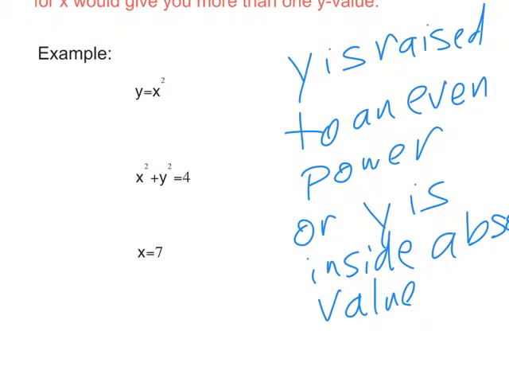In the first one, I've got y is equal to x squared, so that one's already solved for y. So what we're thinking about here is if I plugged a single value in for x, is there any way I could get more than one answer for y out? Well, you can try a couple of values, like maybe if I plug in a 1, then y is going to be equal to 1 squared, that's 1. Okay, that's one single value. There's no way to get a second different value out of that.